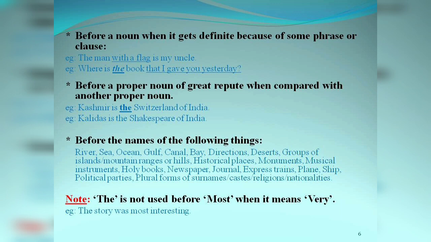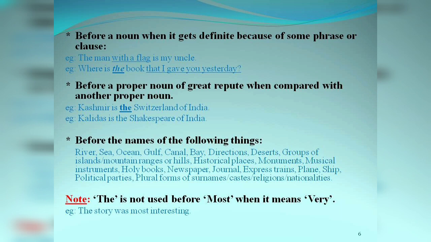And the more famous is Switzerland. Therefore, we must use the before it. Next is Kalidas is the Shakespeare of India. Kalidas and Shakespeare, these are two proper nouns. And the more famous of these two is Shakespeare. Therefore, the.